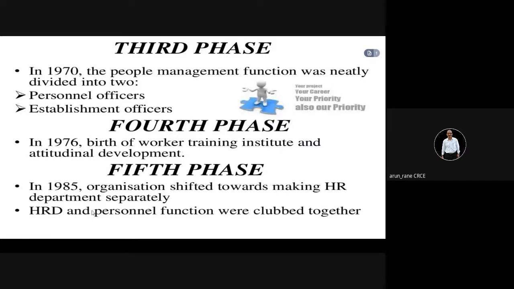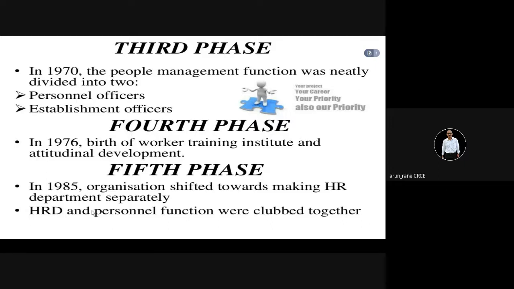In 1970, the people management function was divided into two, that is personnel officer and establishment officer, and you can still see these positions. Like you go to BEST, that is Bombay Electric Supply and Transport Company, whose head office is at Colaba, as well as here at Wadala depot, that is near Dadar.